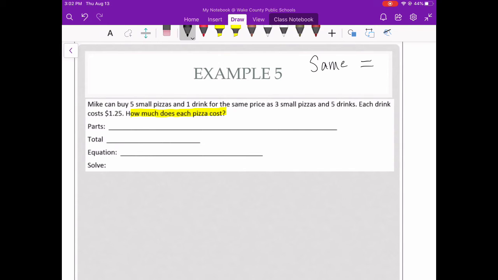All right, I'm going to just use P for pizza. And so we're actually going to do cost of pizza. So every time we see a P, we're actually talking about money. And then drinks, I'm going to use the D for the cost of a drink.